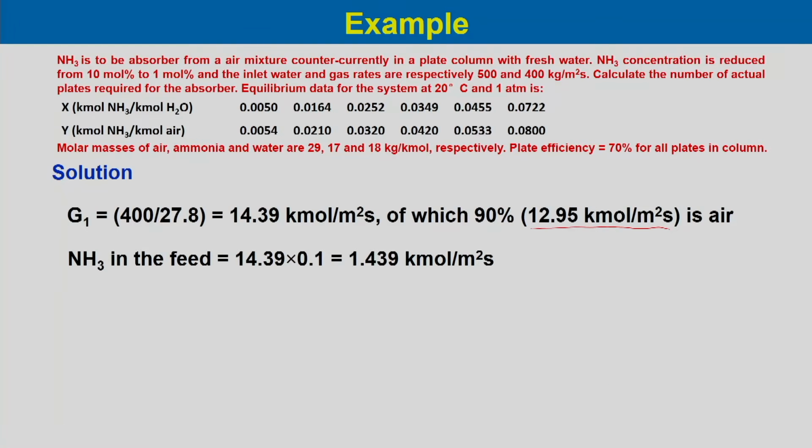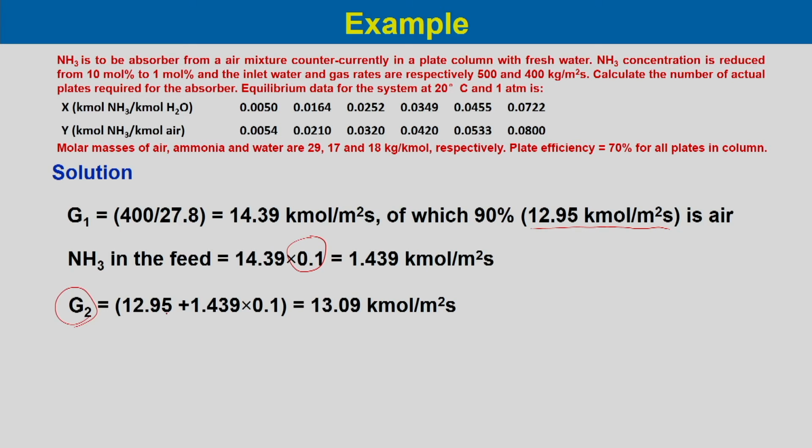Now, ammonia in the feed stream is 14.39 into 0.1, the mole fraction of ammonia in the feed stream. So, it is 1.439 kilomole per meter square second. Then the gas flow rate G2 would be 12.95 plus 1.439 into 0.1. So, it is 13.09 kilomole per meter square second.